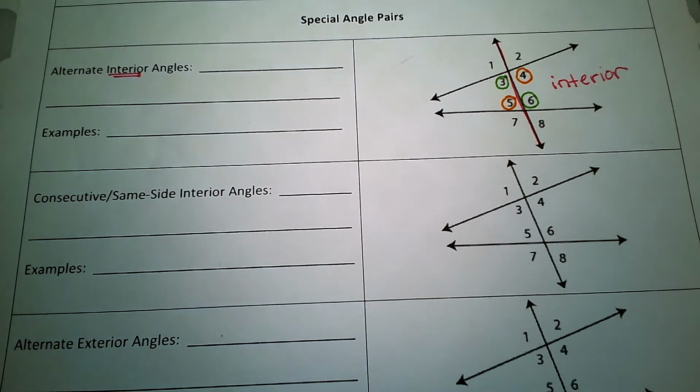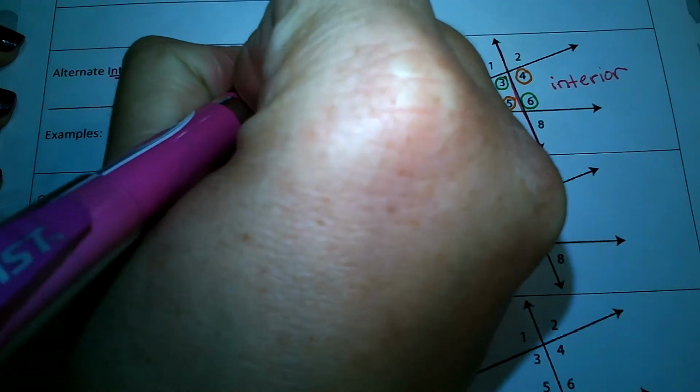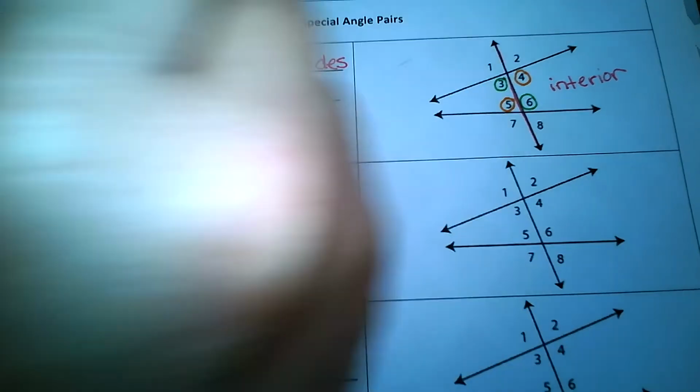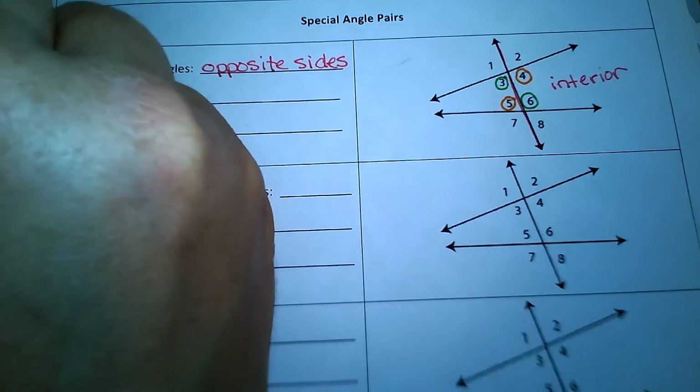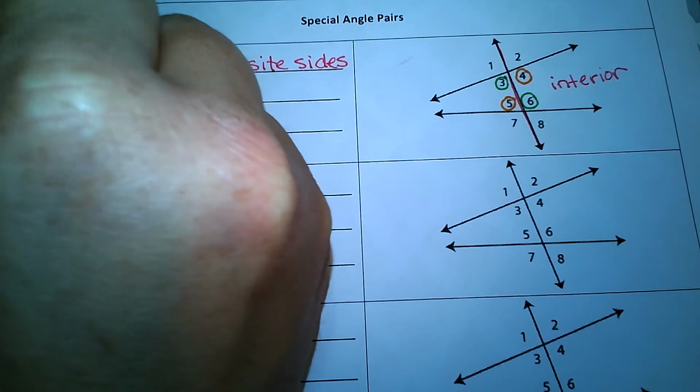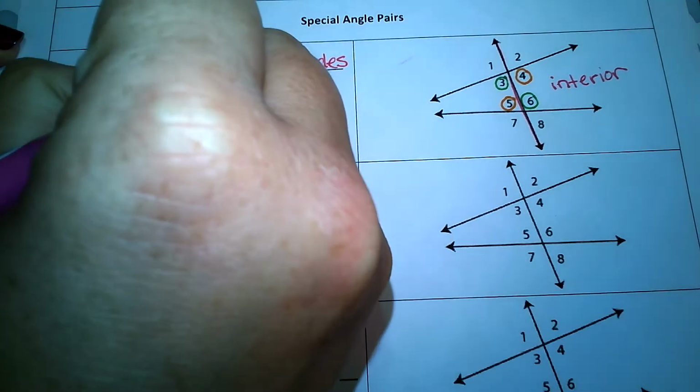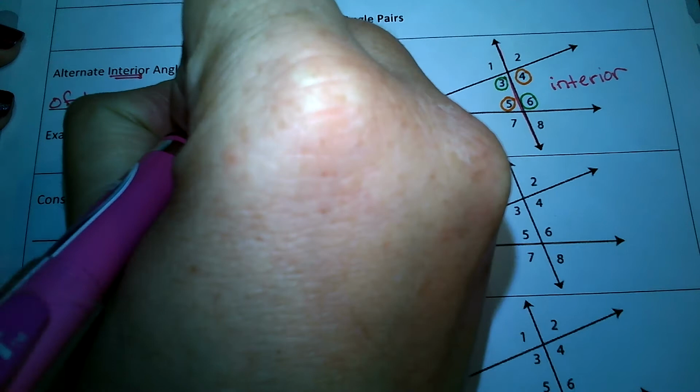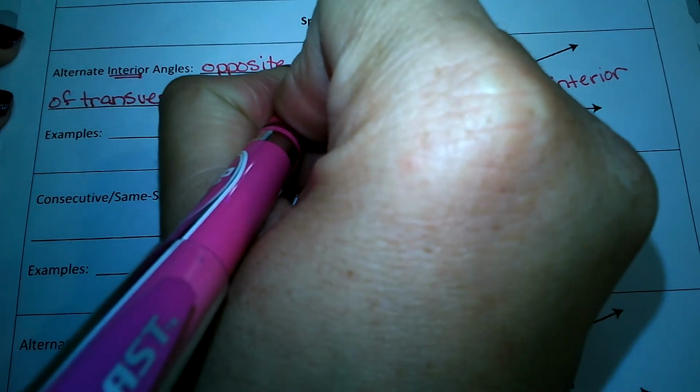A set of alternate interior angles are on opposite sides of the transversal, but it's not a linear pair.